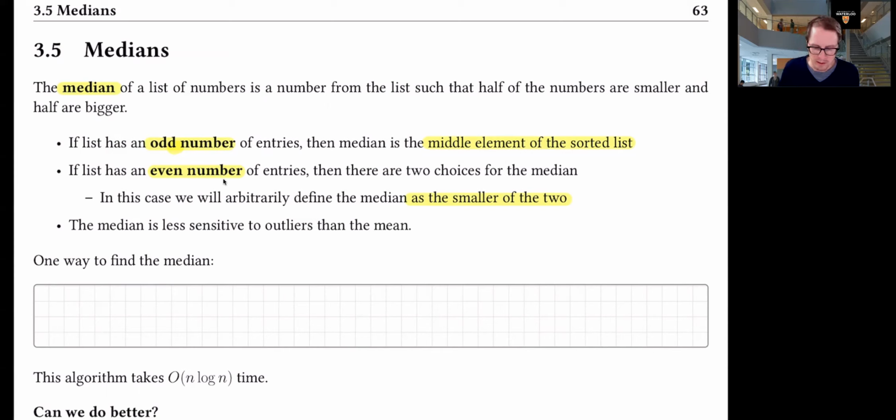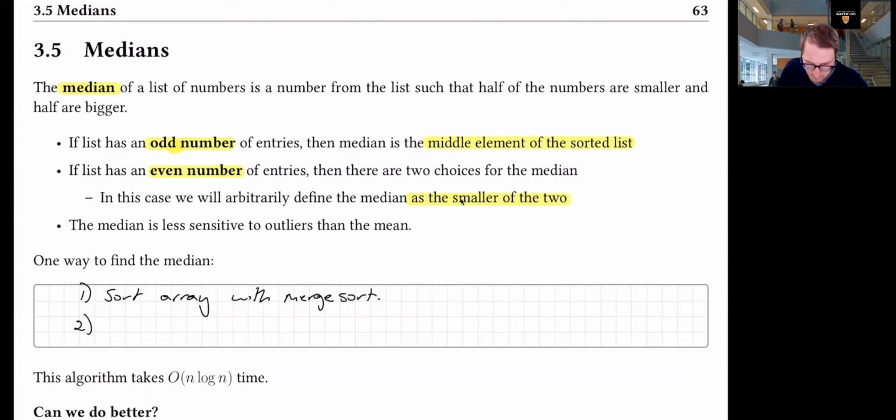One possibility is that we just sort the array and then return the middle element essentially. So one way to find the median is, one, sort the array with merge sort.